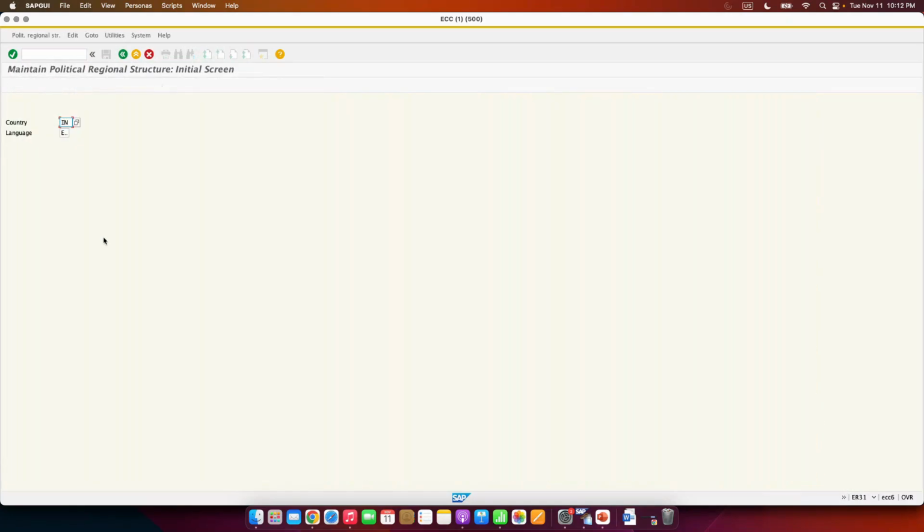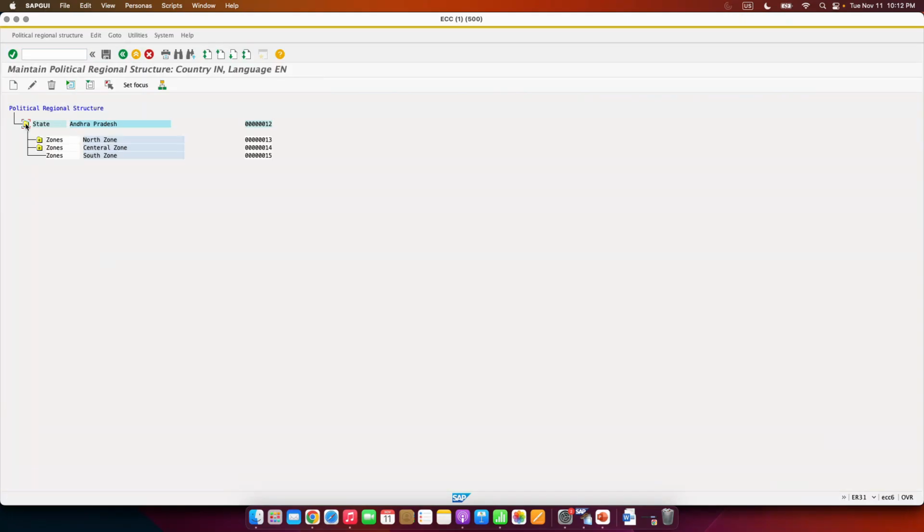Best example: if I go with India, in your India hierarchy, step number one is your state. Now, once I click on the state, the next one is your zone: north zone, south zone, east zone, west zone, central zone, southeast, southwest, and all that stuff. Within that, the next node is district. You can have different districts. If I go with central, you have different things.